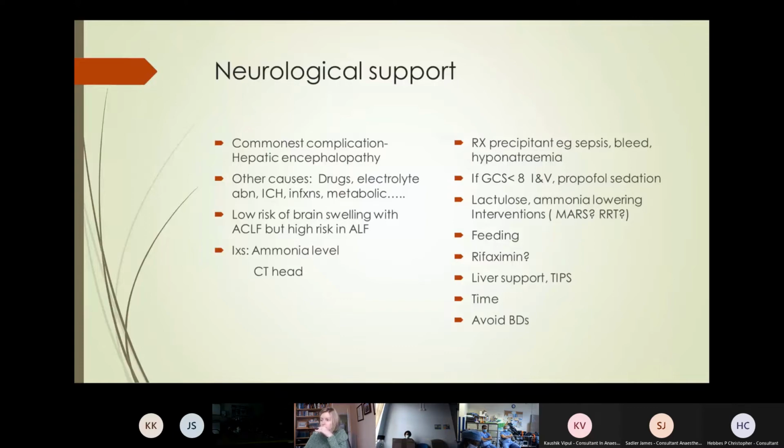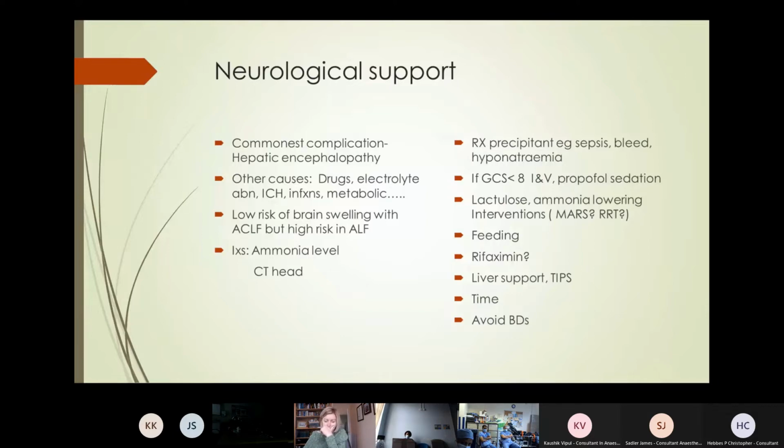So what investigations do you want to do for these patients? You want to take an ammonia level and do a CT head. Treatment: treat the cause. If it's infection, treat the infection. If it's hyponatremia, you need to correct the sodium, at least get to a sodium of 135 and above. Treat the bleeding, because it could be due to acute variceal hemorrhage.